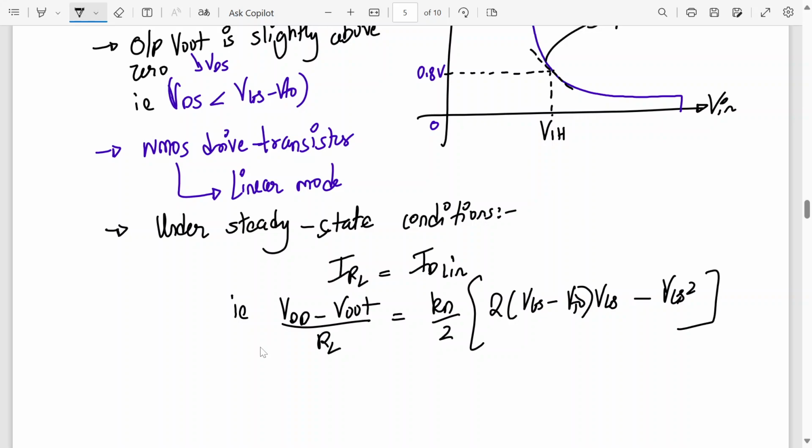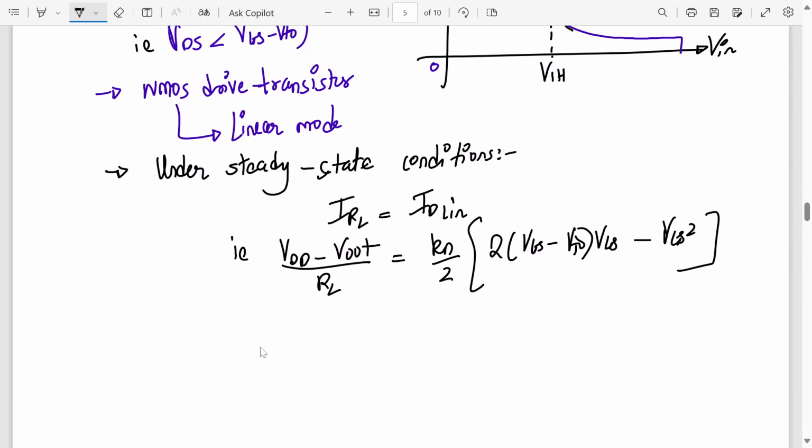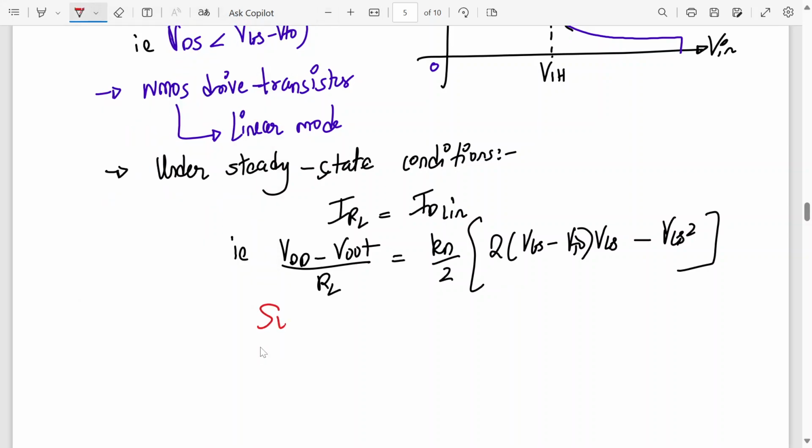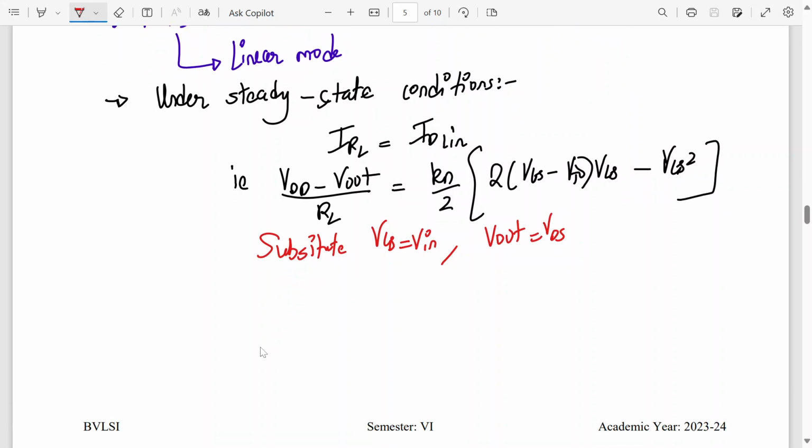Okay, now you can substitute to make it less complex. Substitute VGS is equal to V in and V out is equal to VDS. Okay, fine. So substitute in the above expression, what do we get? And what are we finding? Don't forget VIH.